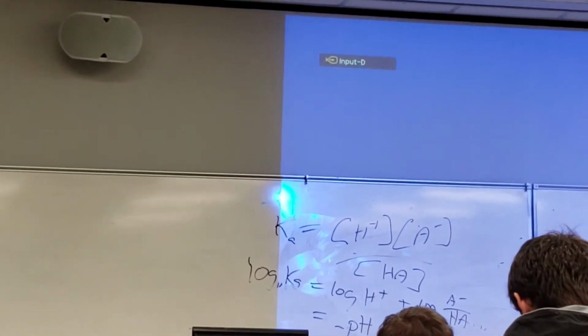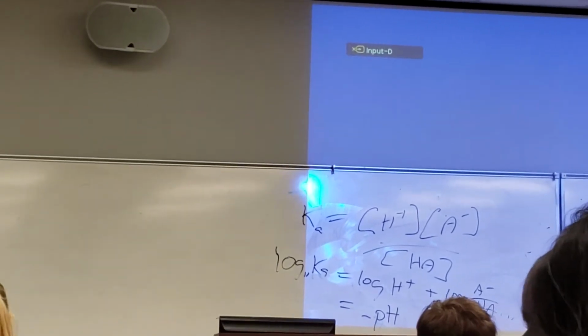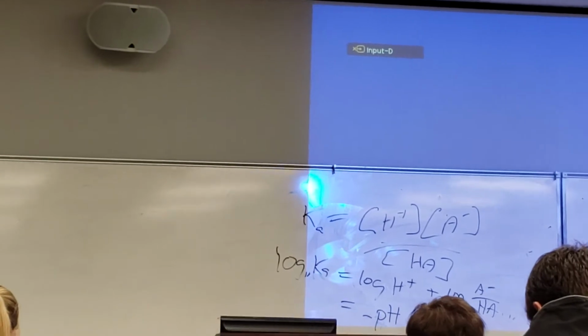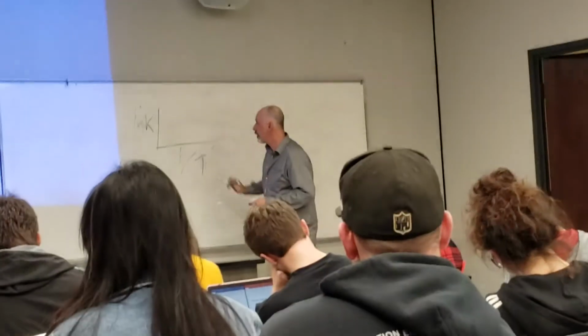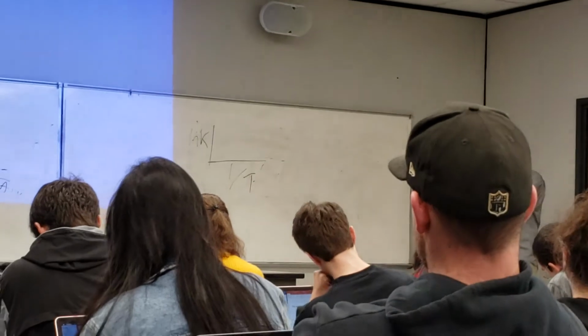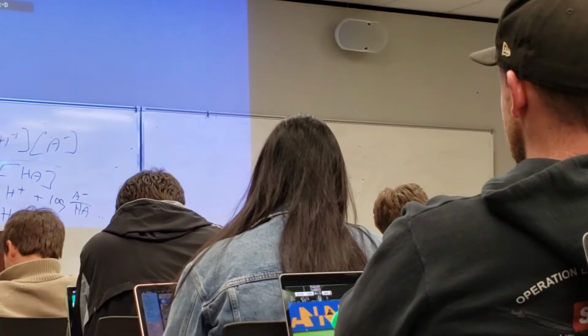Here, I'll tell you the final result, and then this one will derive really quick. So here's the final plot: ln K over 1 over T. Is that one ringing a bell? From way back?